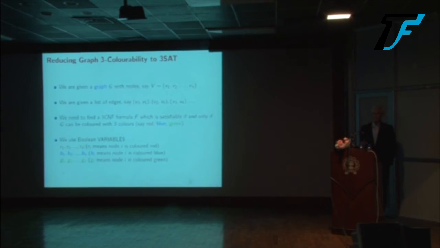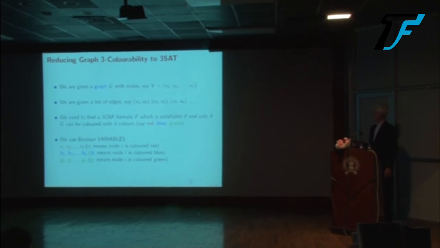We're trying to show that the 3-colorability problem is polynomial-time reducible to the 3-SAT problem. So we're given a graph G with nodes B1 to Bn, say n nodes, and a list of edges like B3, B5, B6, and so on.